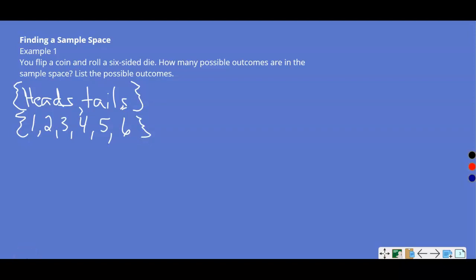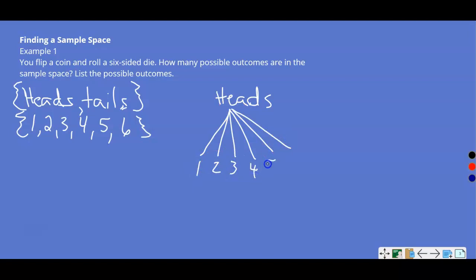All right, now if you want to, you can use a tree diagram to list all your possible outcomes. So let's say heads can go with 1 through 6, and tails can also go 1 through 6.